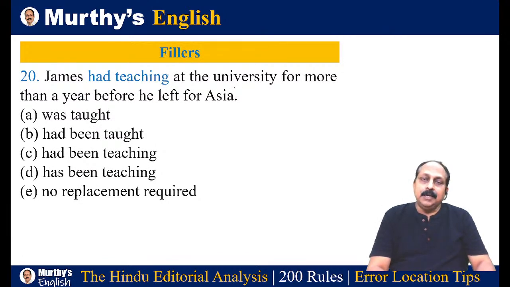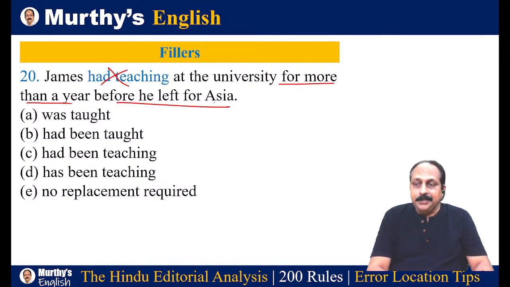James had teaching at the university for more than a year before he left for Asia. This is an important question. James had teaching. At the outset, you should know had teaching is grammatically not correct. Here, you have a clue: for more than a year before he left for Asia. So here, the context, he left, this is past.